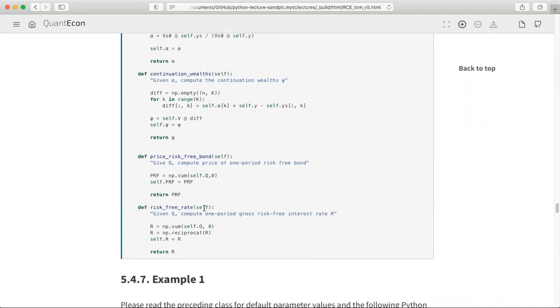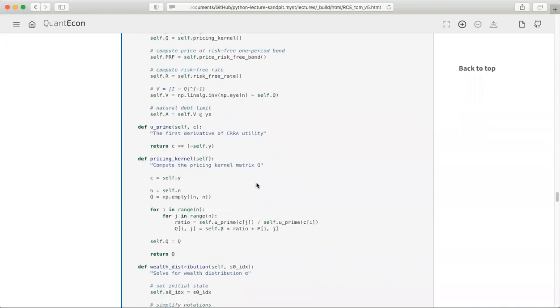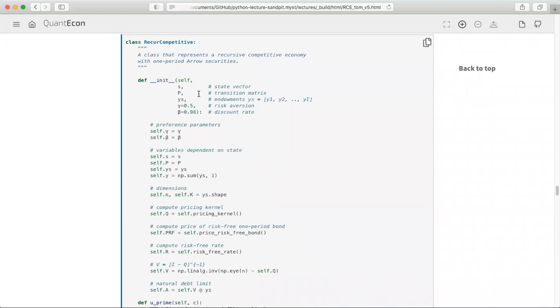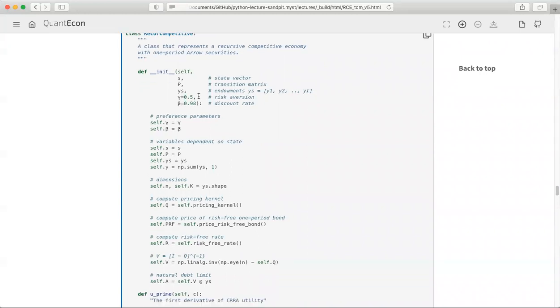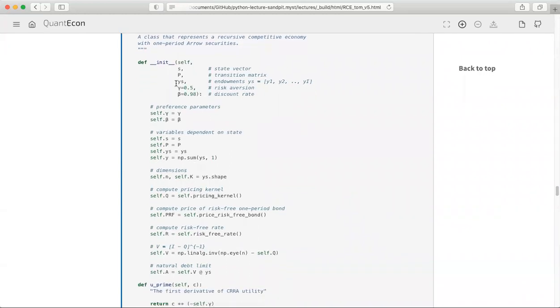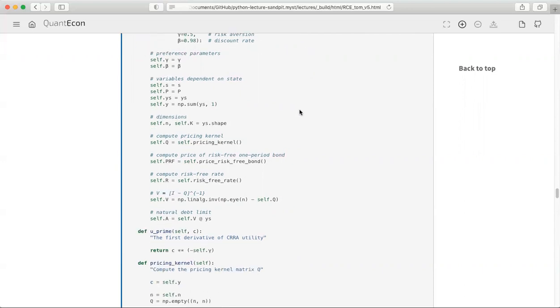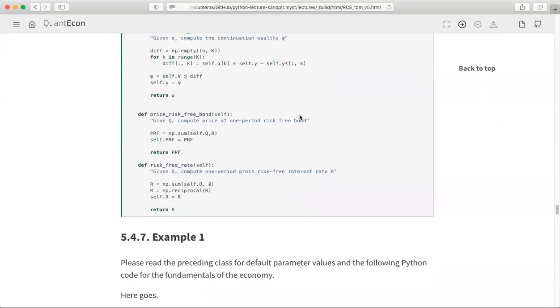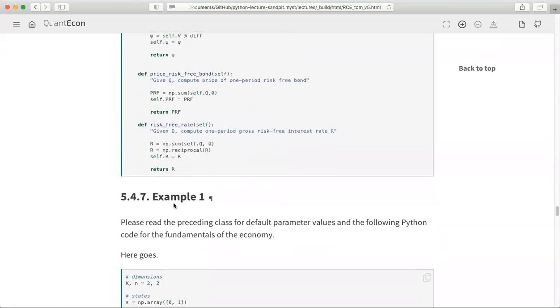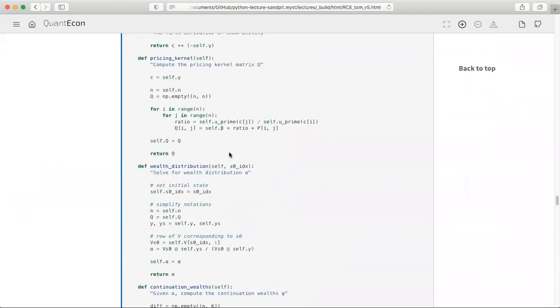It's going to compute a risk-free rate, and that defines a machine for taking our inputs. It actually has some default values. If I don't do anything, it's going to just give me these values. Otherwise, I can change them. Okay, that's it.